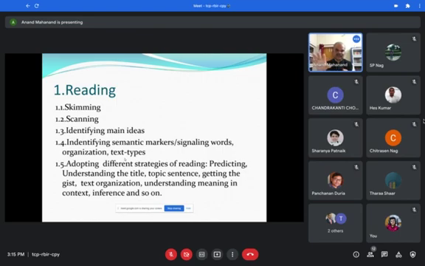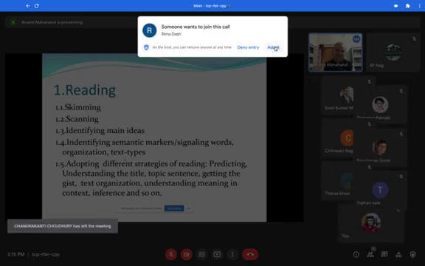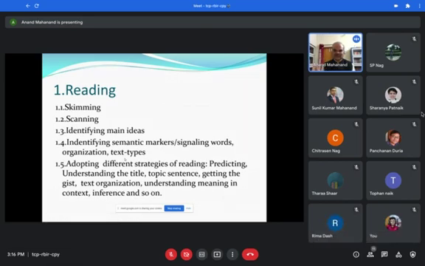So the three is the signaling word. After three, something important is going to come. He or she is going to tell about three important features of Indian economy. So you have to be careful. You have to read what is going to come next.